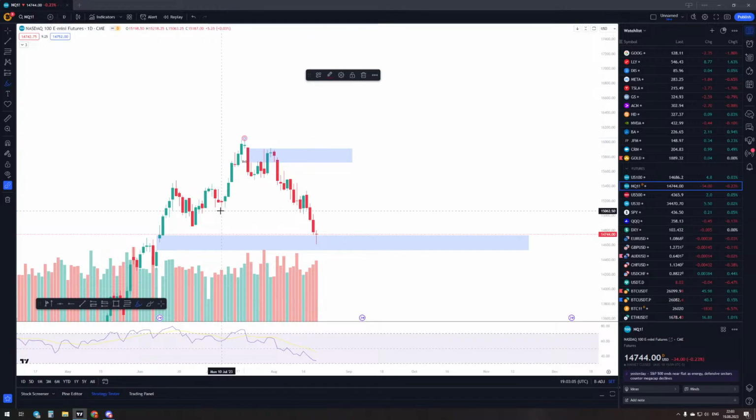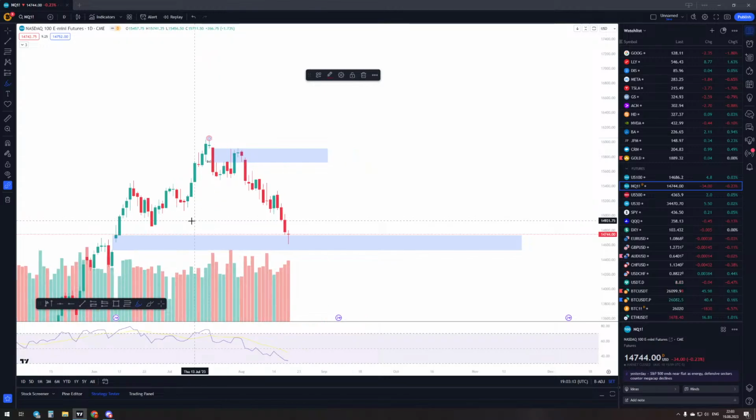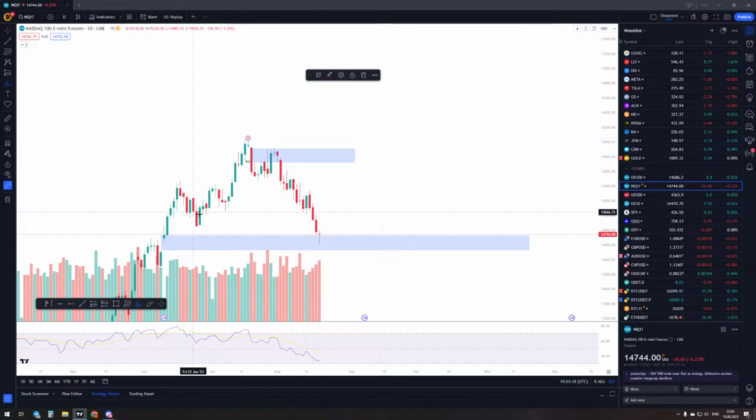our higher low. This one probably, this one. Yeah, this looks more likely this one. Yep. And more likely this one.